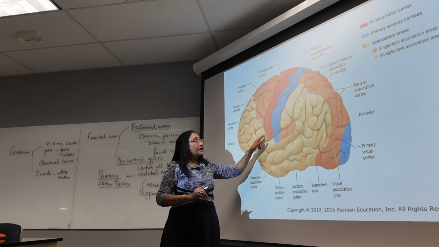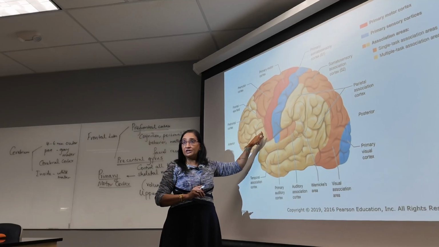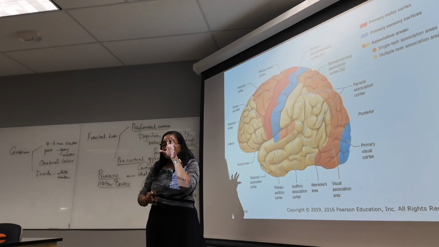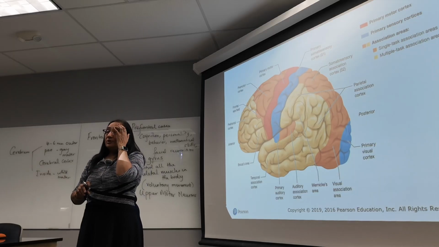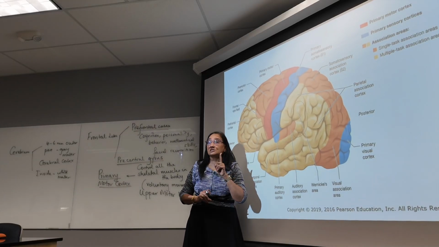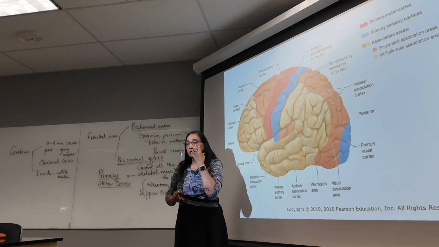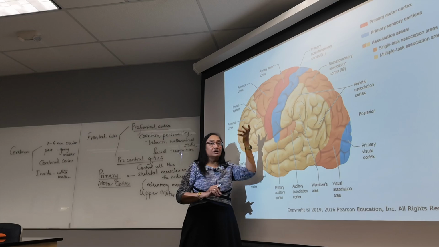On the side at the lower border of the precentral gyrus, in front of it, there is a group of neurons mainly controlling the muscles of speech, such as your tongue muscles and facial muscles.